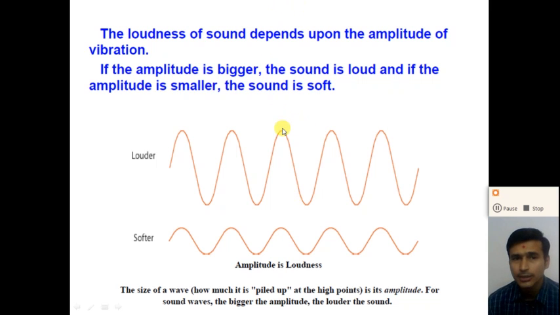So if the amplitude of the sound wave is high, bigger, we can say that the sound is loud, and if the amplitude is smaller, the sound is softer, or we can say a low sound. Loudness is low.